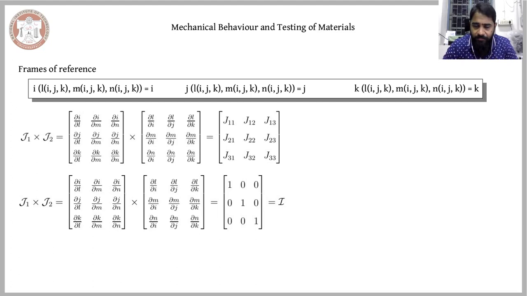Towards the end of the previous lecture, we saw that it is possible for us to conceive a frame of reference that will not be an inverse of another frame of reference.